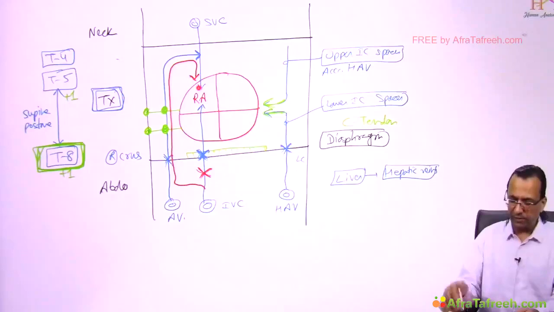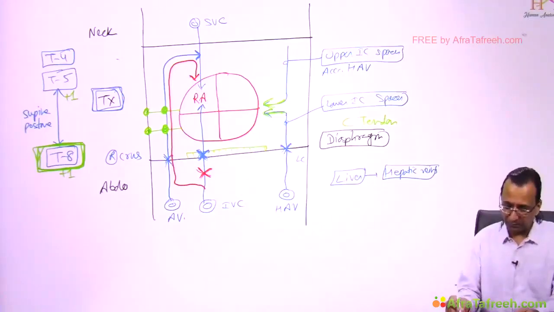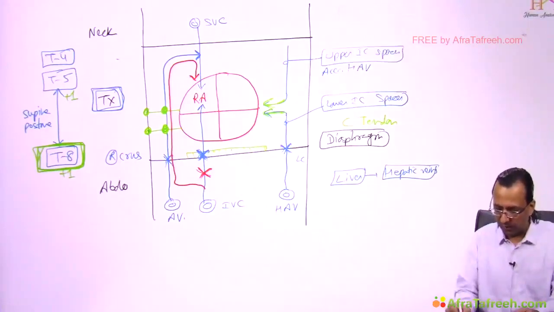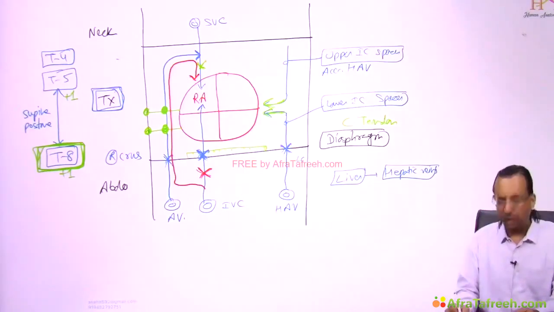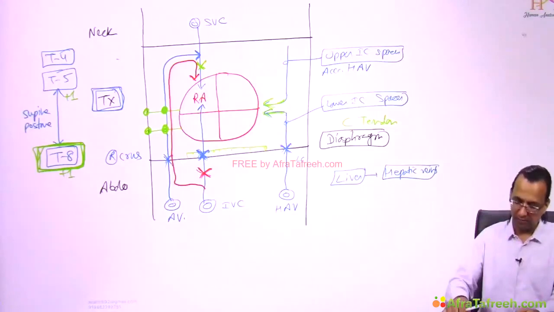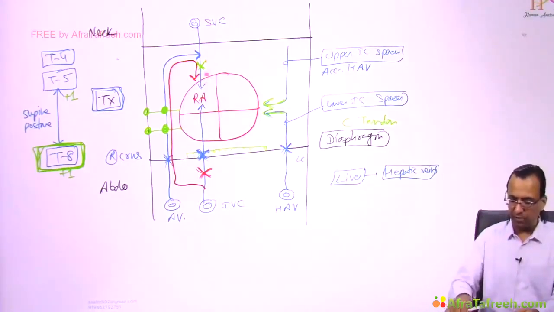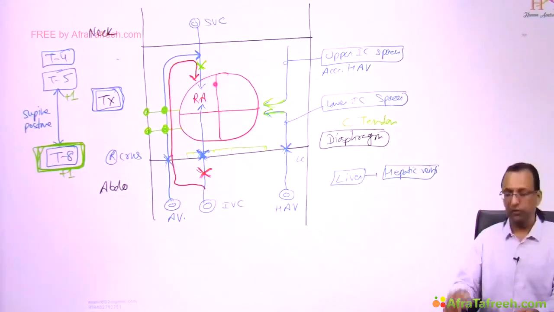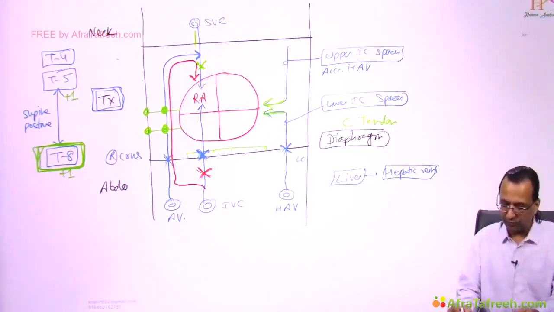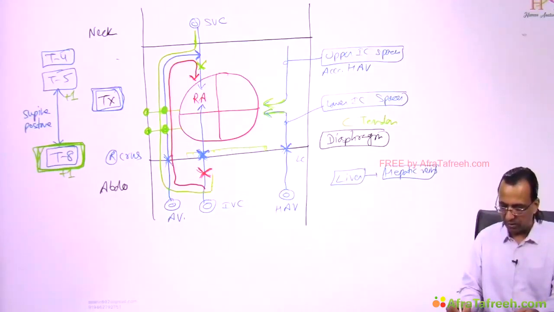If there is a superior vena cava obstruction, then you cannot drain to the right atrium. So now there is a superior vena cava obstruction and I cannot drain into the right atrium. Then the superior vena cava sends blood into the azygous vein, and from the azygous vein it can drain to the inferior vena cava and into the right atrium.